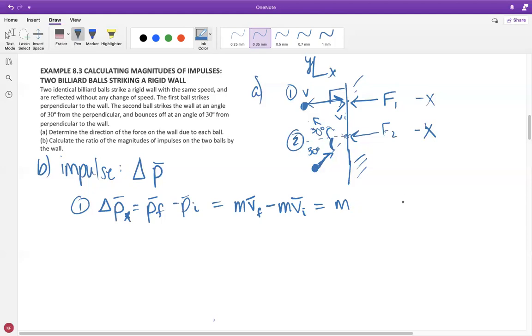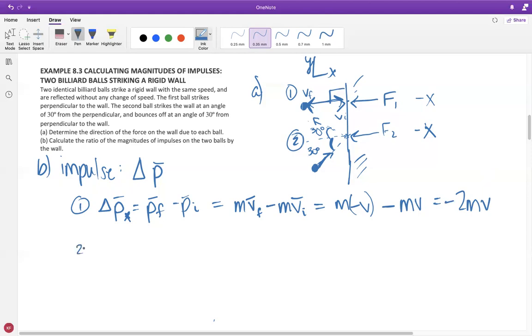Okay, so that's going to be, write it over here, VI, and that's going to be in the positive direction, so it'll still have that minus sign out there. Our second one, though, our second final velocity is in the opposite direction. It's now in the negative V direction. Oops, I should erase that. Okay, so our delta p here is going to be minus 2mv. And again, that's all in the x direction.